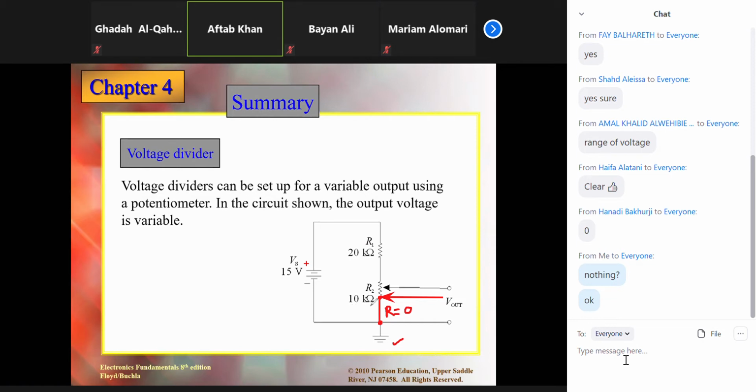Okay. So now if it is 0, can you apply the voltage divider rule in order to calculate V out here? Yes, we can. And what will be the V out?